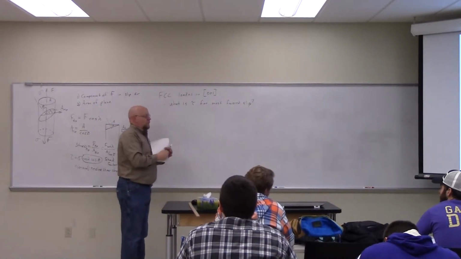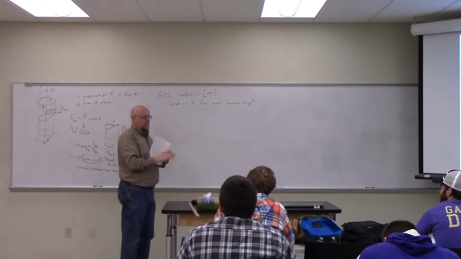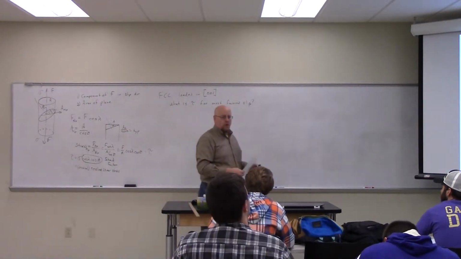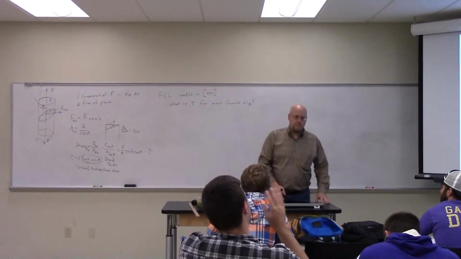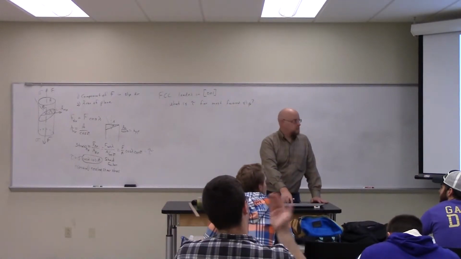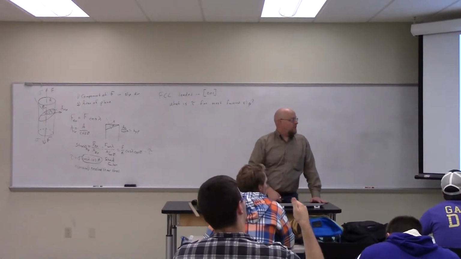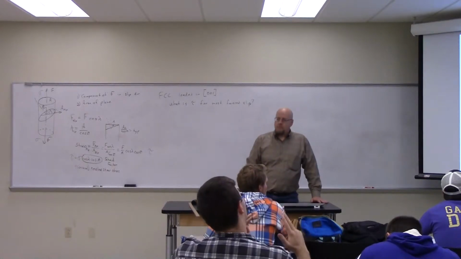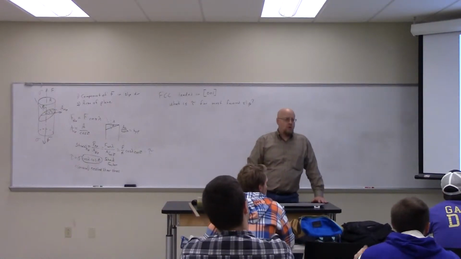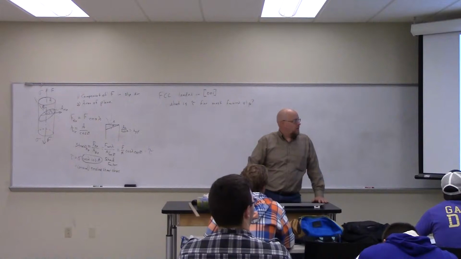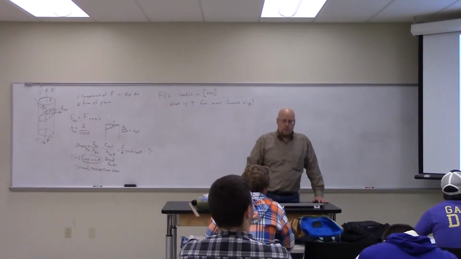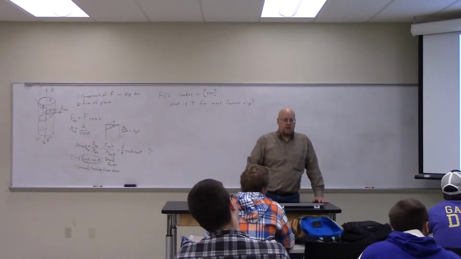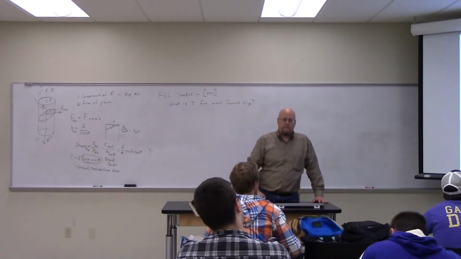So, what are the slip systems again? We've got to go through the different slip systems, right? So let's look at that one first. If that's our slip plane, can we find the angle between that plane and the pulling direction? How would we calculate that? It is not 45 degrees.